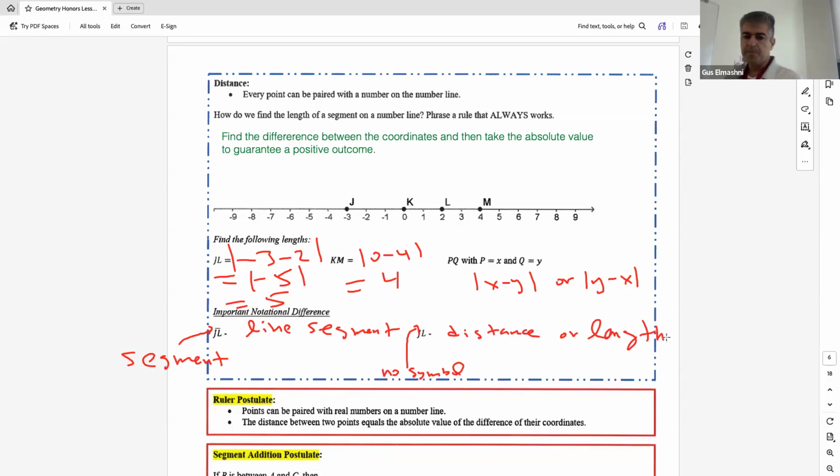So I'm not too picky about that, but if you see two letters and no symbol above, the implication is you've got to find the distance. If you do see a symbol, you're just talking about the physical line segment. Don't worry so much about that.